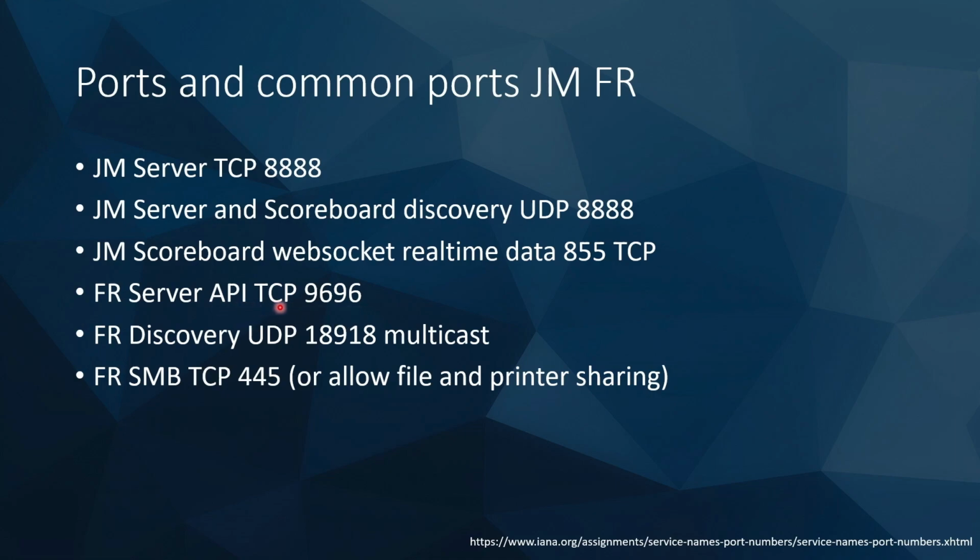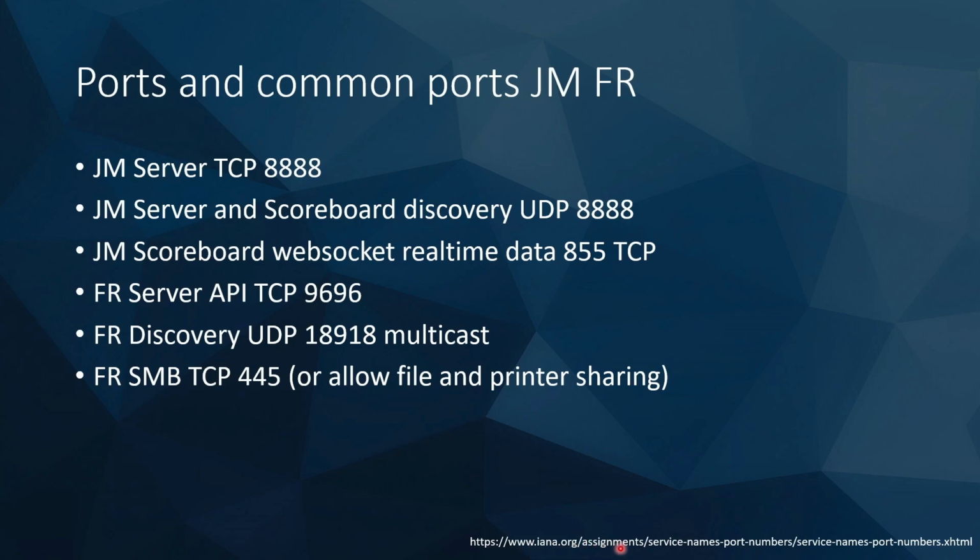The FairReplay server API is running on TCP 9696. FairReplay uses discovery on port 18918. And to get all of the videos, for example, you need to enable file and printer sharing. That's SMB, the Windows file sharing protocol, on port 445.